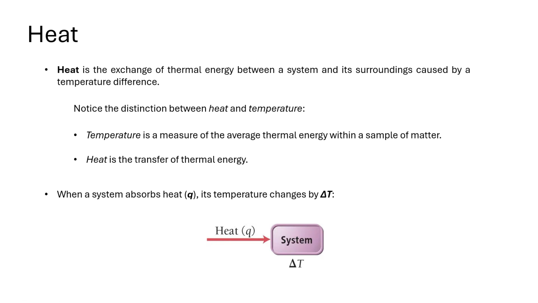Kinetic energy is energy associated with motion, right? So if particles are moving really fast, what does that mean? That means the system that contains those particles that are moving really quickly is going to be higher in temperature, right? The faster those particles move, the energy associated with motion, the higher the temperature, right? And we're talking about the average thermal energy within the sample of matter that has those particles, okay?